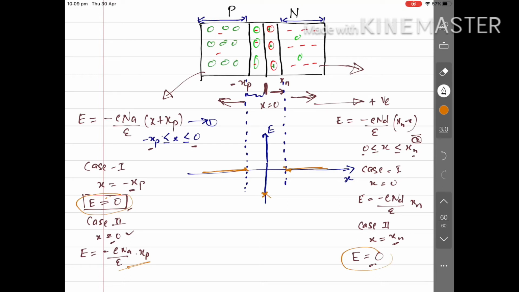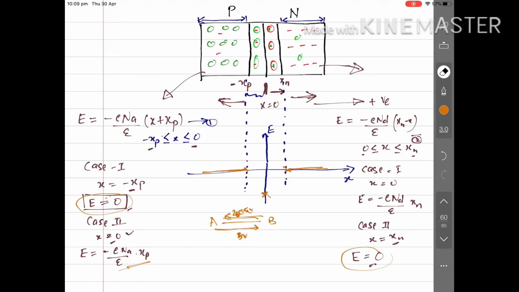Why? Because suppose there are points A and B and there is a voltage, say 5 volt. If A to B the voltage is 5 volt, then B to A the voltage would also be 5 volt. You can't say that A to B is 5 volt but B to A is 20 volt. It is not possible at all.